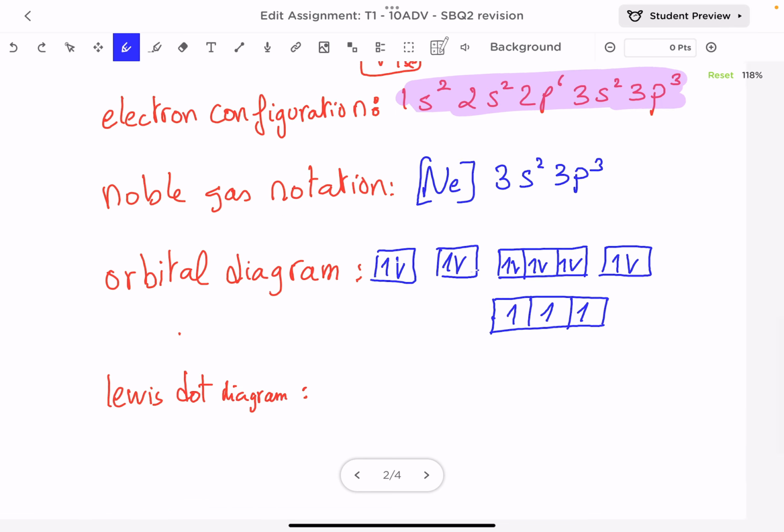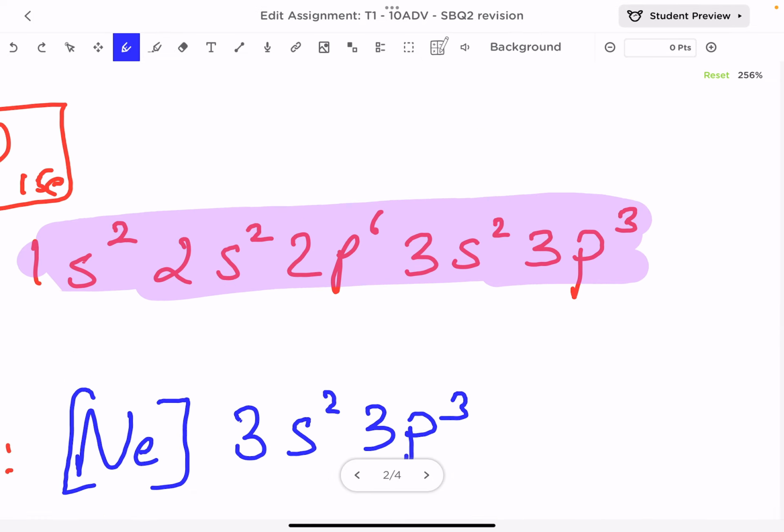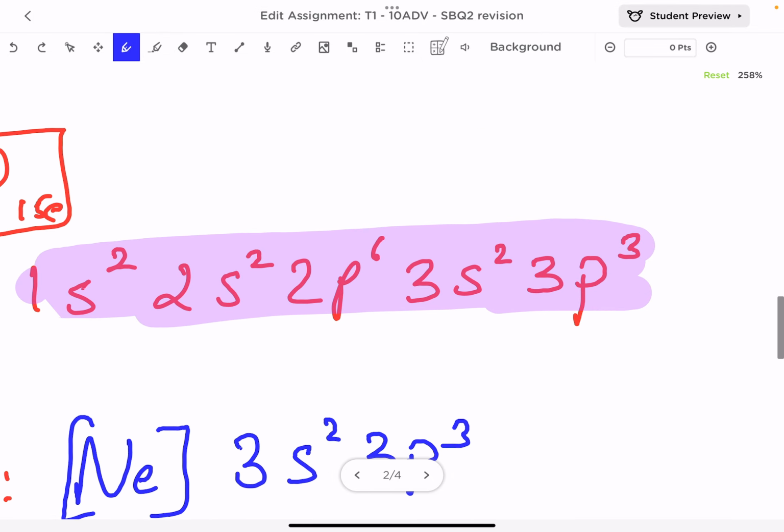Now, a Lewis dot diagram is when you only look at P and place dots around the symbol of phosphorus, and the dots are the valence electrons. I can know the valence electrons from the electron configuration if I don't want to look at the periodic table.